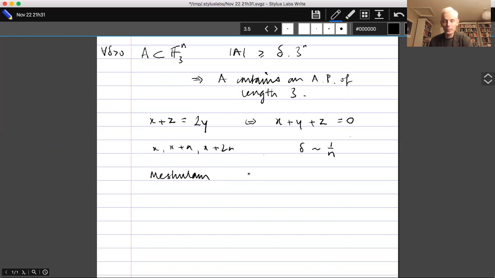Although actually the proof was essentially due to Roth, who proved the same kind of statement, except that Roth's theorem concerns subsets of 1 to n. So if you have a dense subset of the numbers from 1 to n, then you can find an arithmetic progression of length 3.